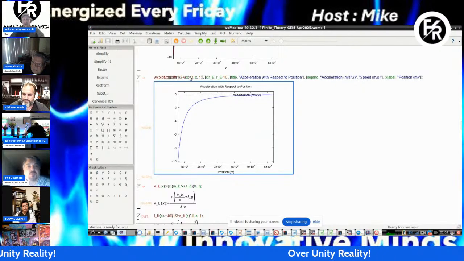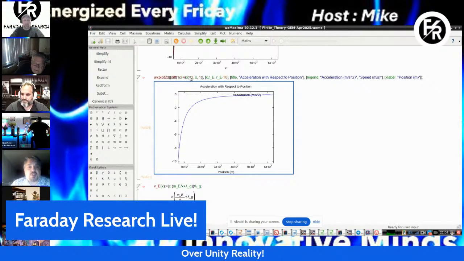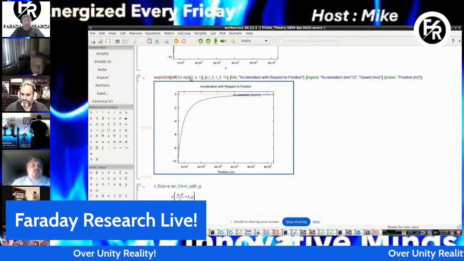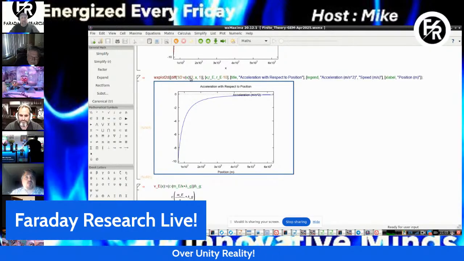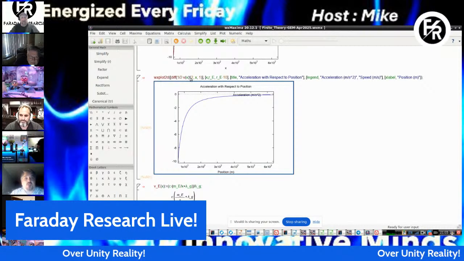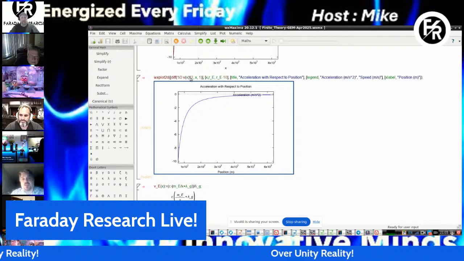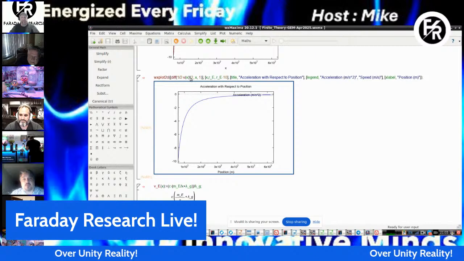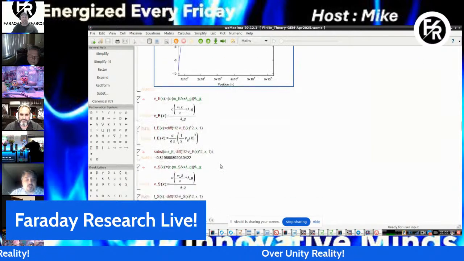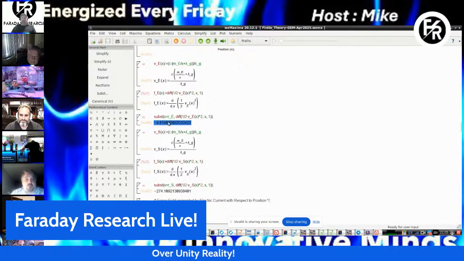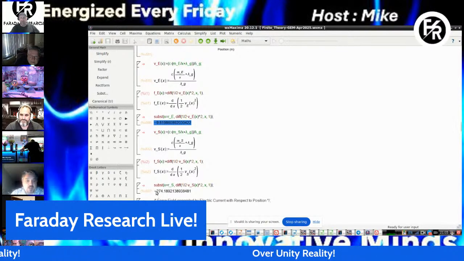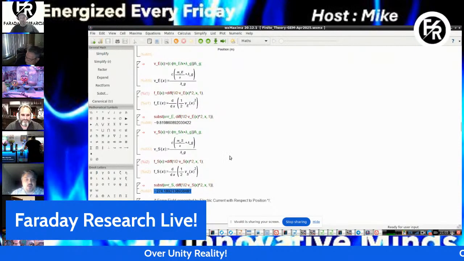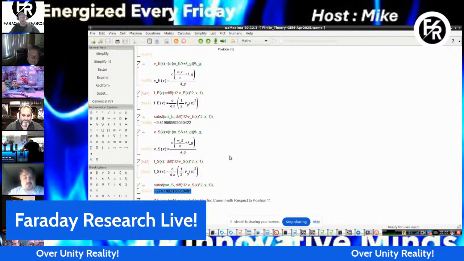But last week I used the differential of time directly, but I should have used the differential of the gravitational potential energy. For gravitational potential energy you have to square the time rate, or the speed, and divide by 2. So you get the same results: minus 9.8 meters per second squared acceleration on the surface of the Earth, and minus 274 meters per second squared on the surface of the Sun.